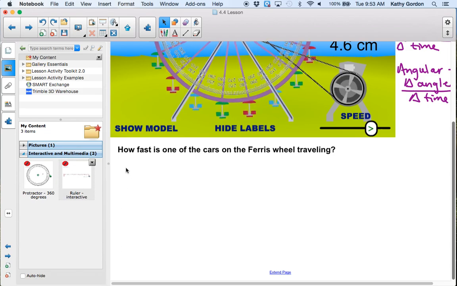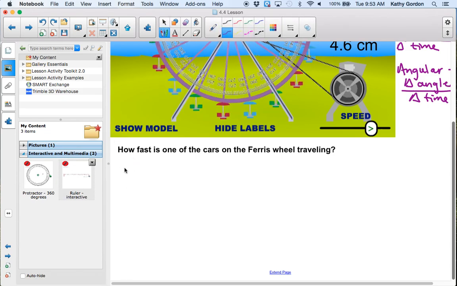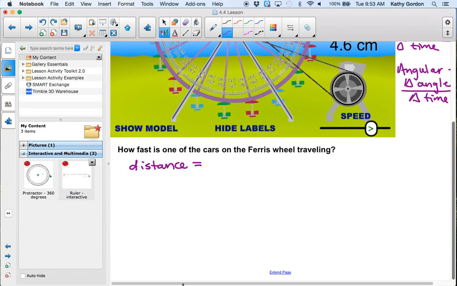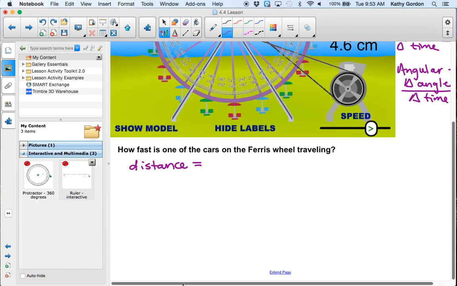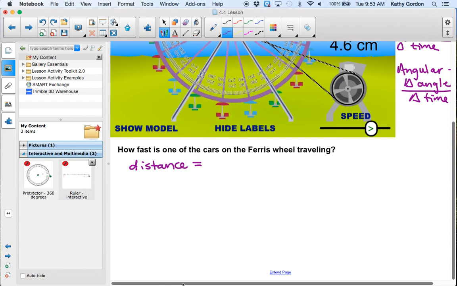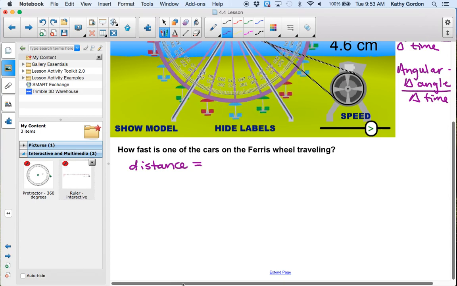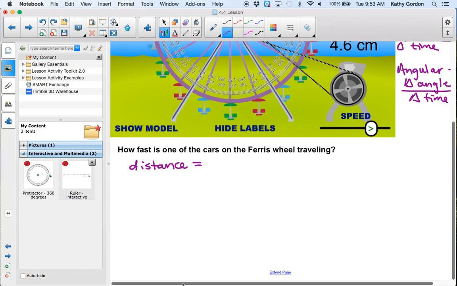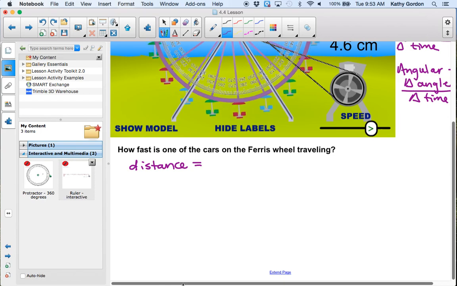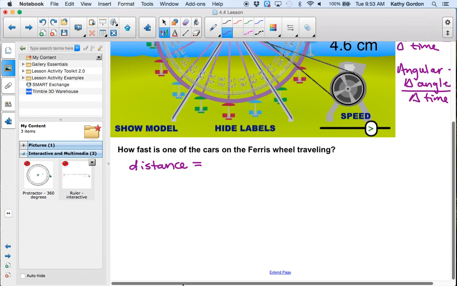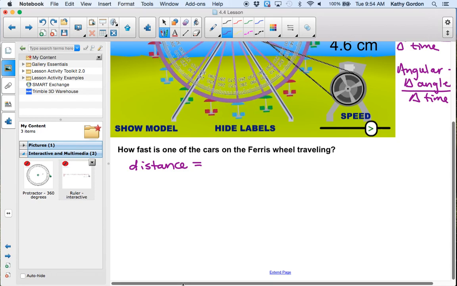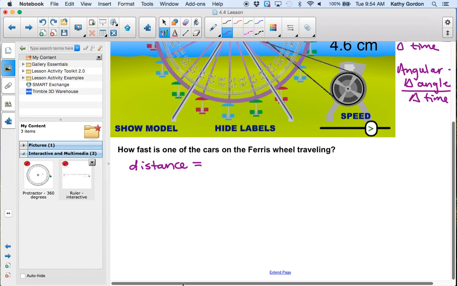So, how far did your car travel? I said 28.9 centimeters. 28.9?